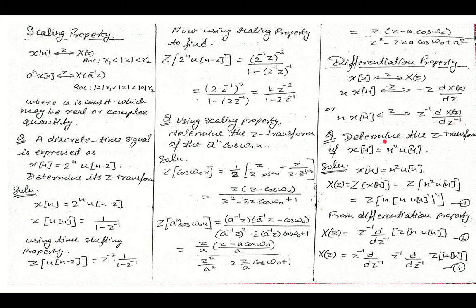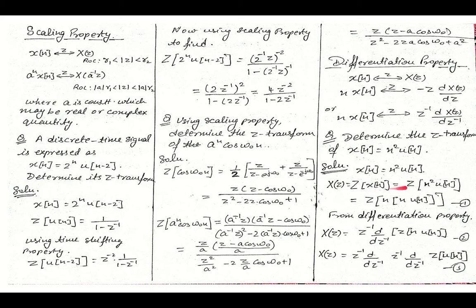So let's check out a numerical: determine the z transform of xn is equal to n square un. This n square un means that we have multiplied n 2 times, so we will have to utilize the differentiation property twice. If we expand it, X(z) will be the z transform of xn.